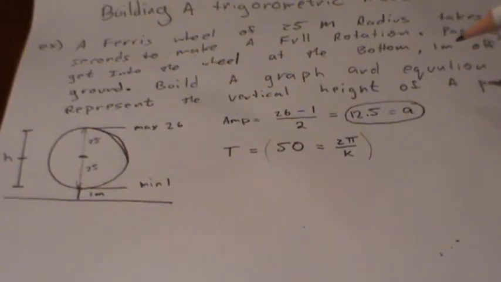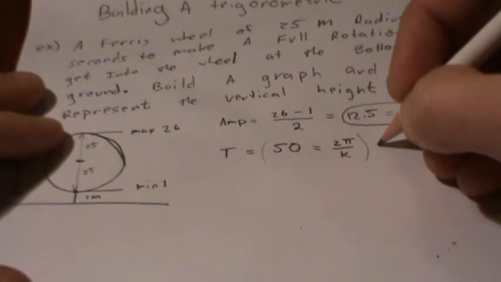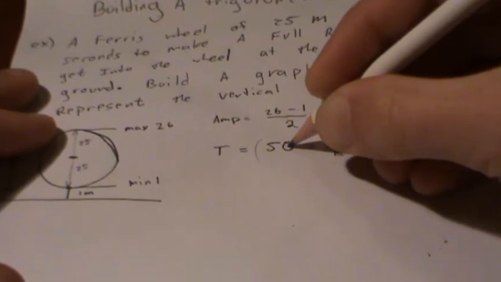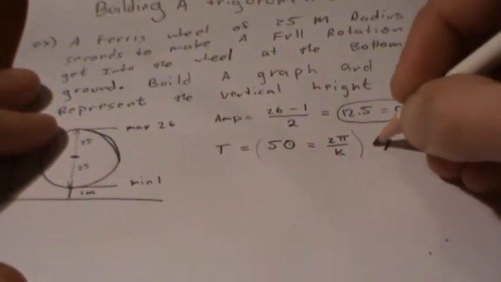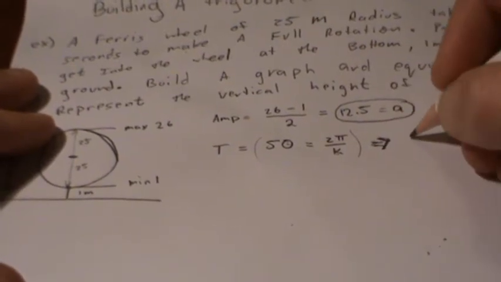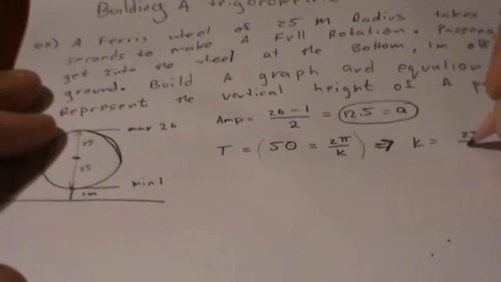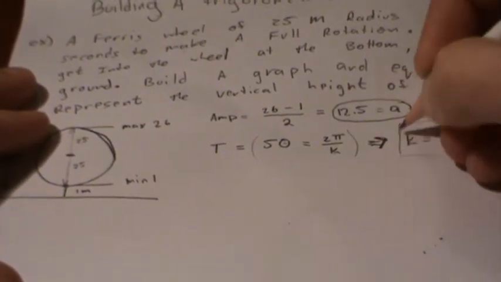K is equal to 2 pi over 50. I take these two and switch their locations due to cross multiplication, and I get K is equal to 2 pi over 50.